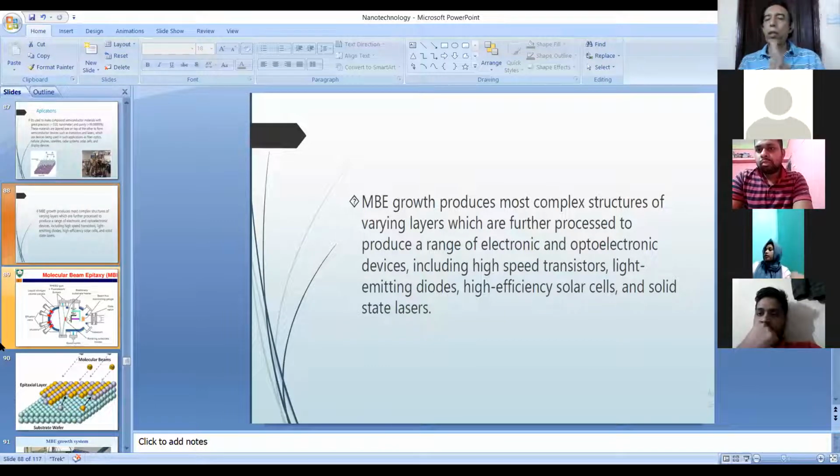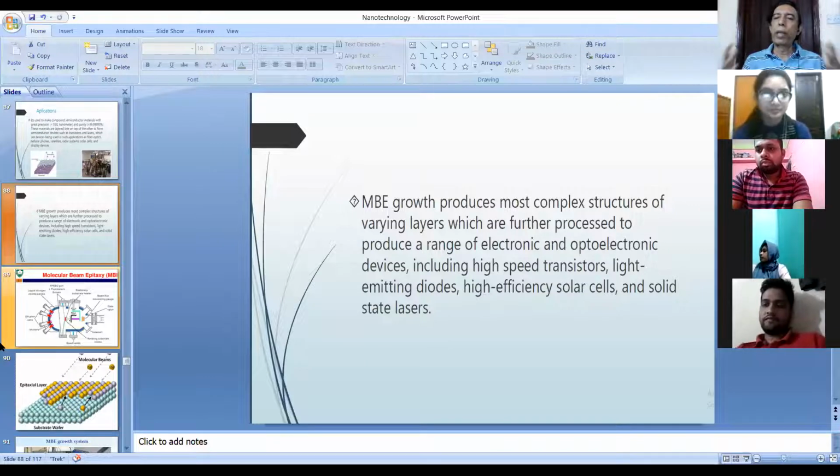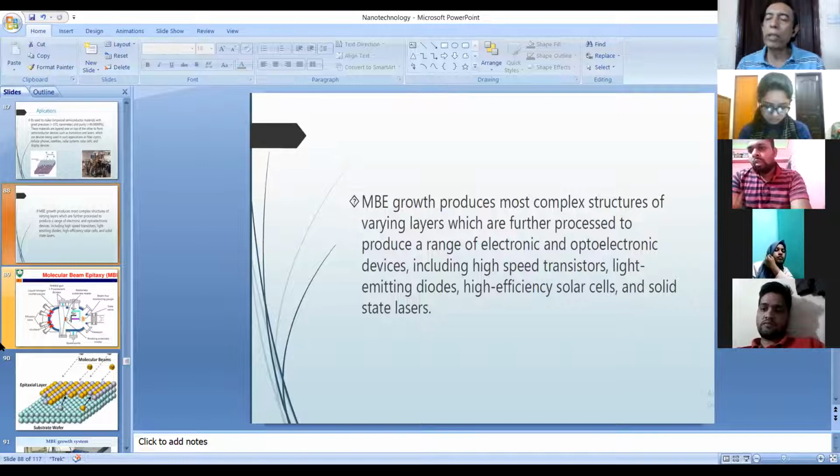Heteroepitaxy means your thin film and substrate are different. Say, for example, you want to prepare a gallium nitride thin film on sapphire, or an aluminum indium gallium phosphide thin film on gallium arsenide.